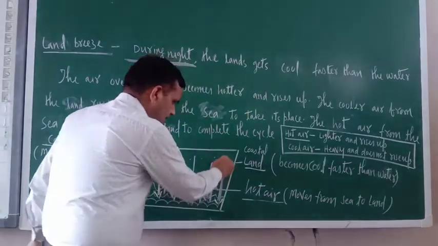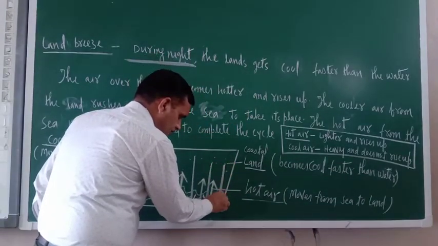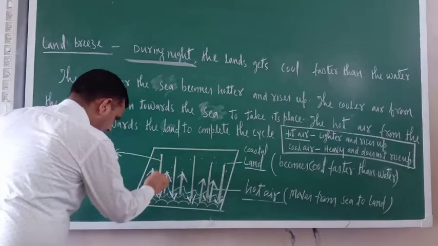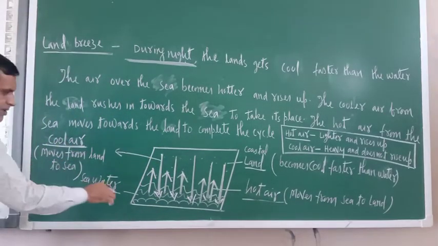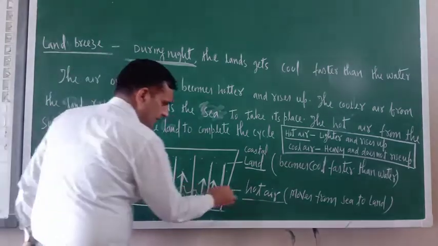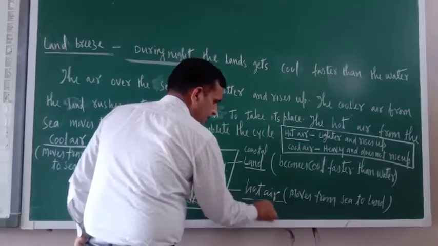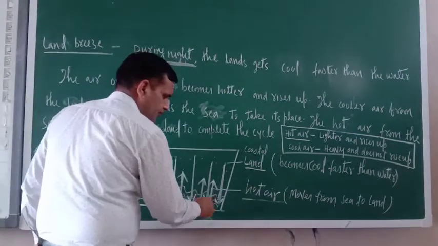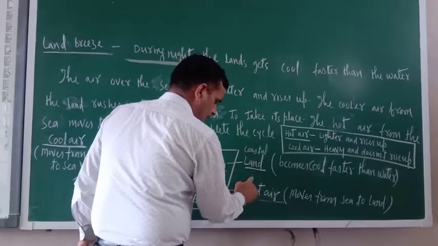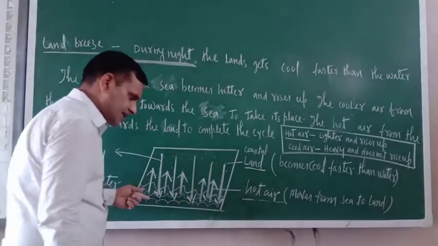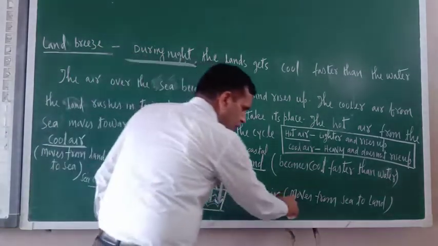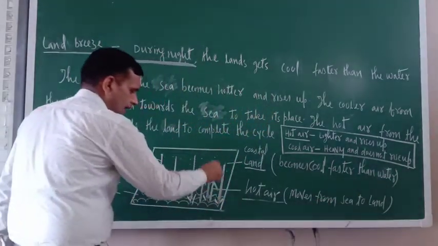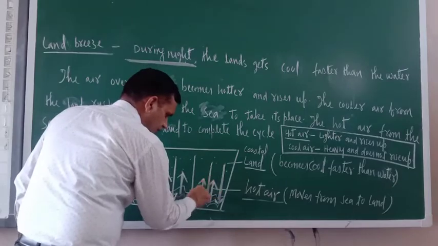Just see, I made this. This is cool air, which moves from land to sea. And this is hot air, which moves from sea to land. Water is still hot, so hot air moves up and moves from sea to land.